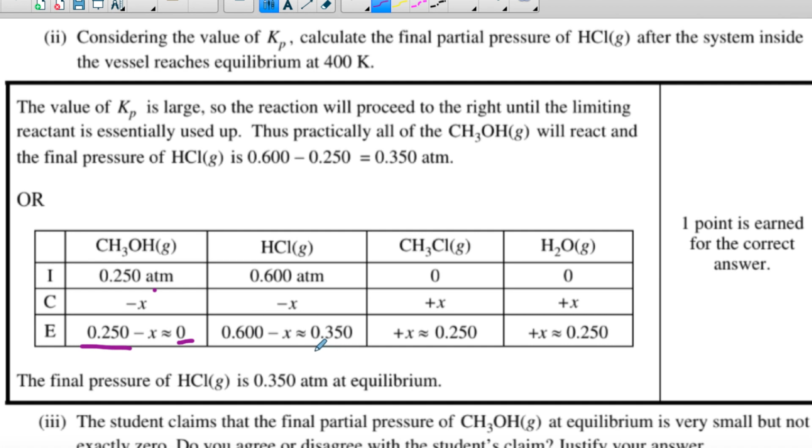That means I can calculate the HCl by subtracting 0.25. I can calculate the CH3Cl, and I can calculate the pressure of water vapor because it is also the value of X. You can go through there and find the equilibrium pressure of each one, but it only asks you for the equilibrium pressure of HCl.